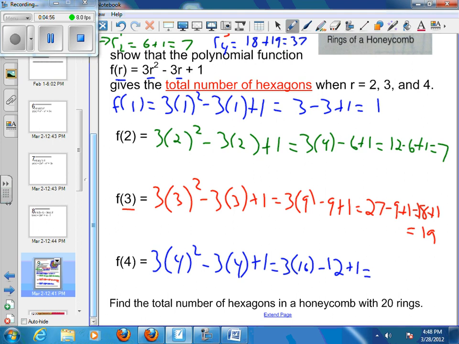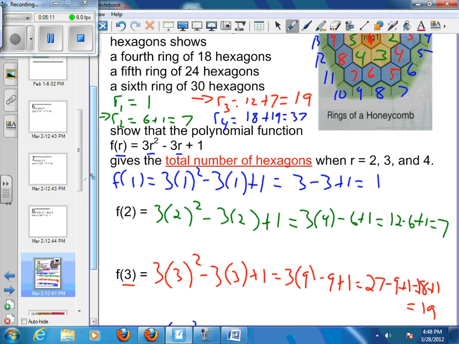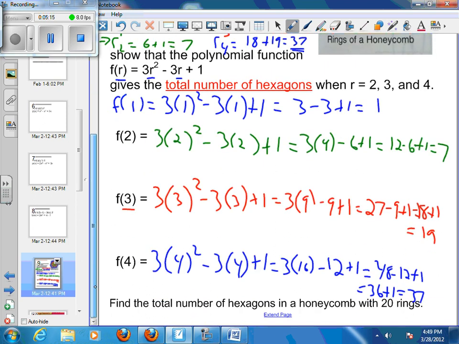And 3 times 16 is 48. So 48 minus 12 plus 1. And 48 minus 12 is going to be 36 plus 1, which is equal to 37. And again, whenever I look up above at my ring 4, I do find that we had a 37 up there, and I've got a 37 down here.